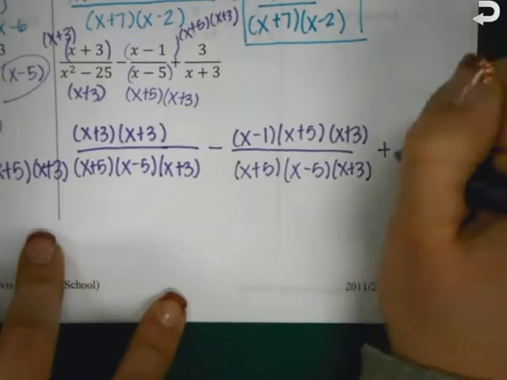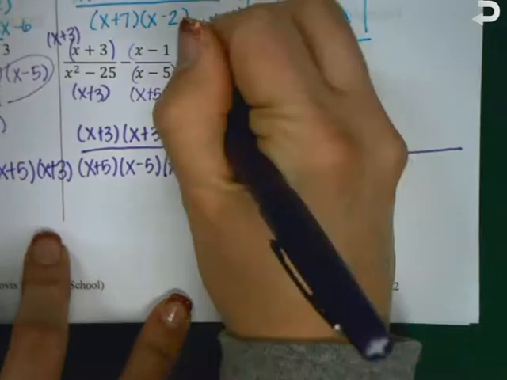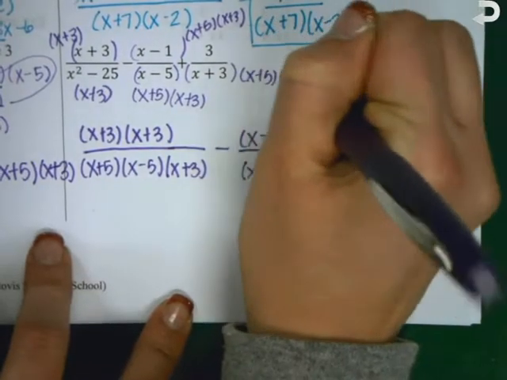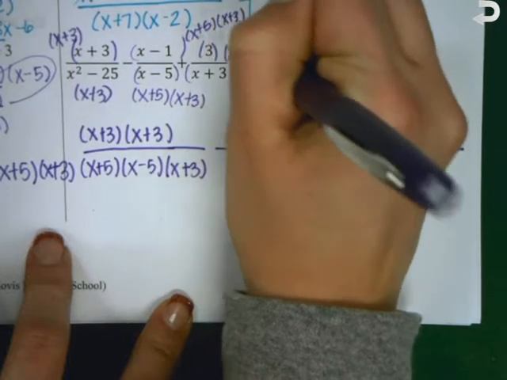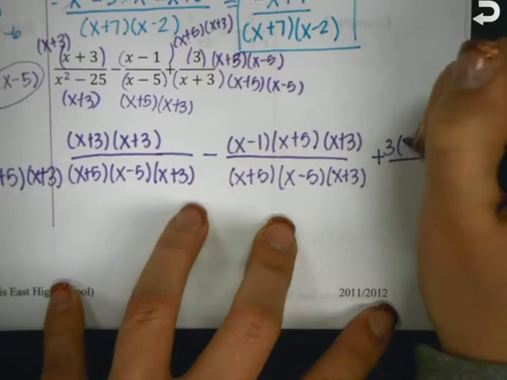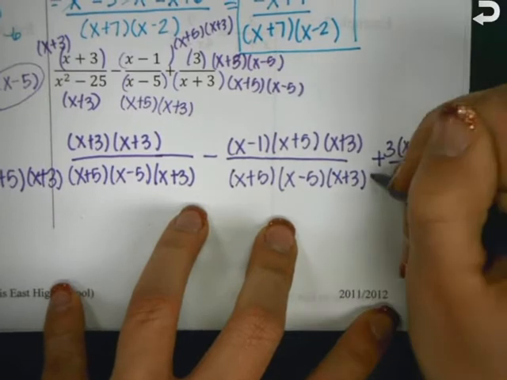Both of the 5s. (x + 5)(x - 5). Okay, so this would become 3(x + 5)(x - 5) over (x + 5)(x - 5)(x + 3).